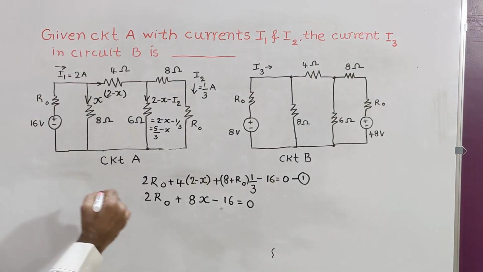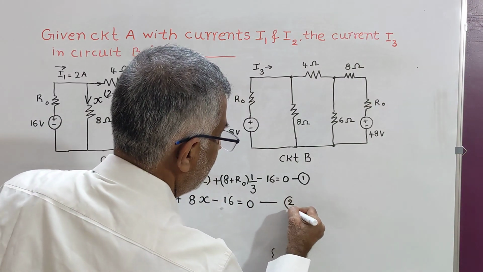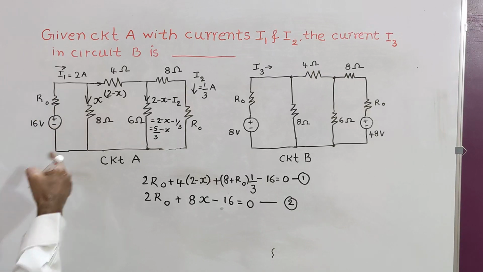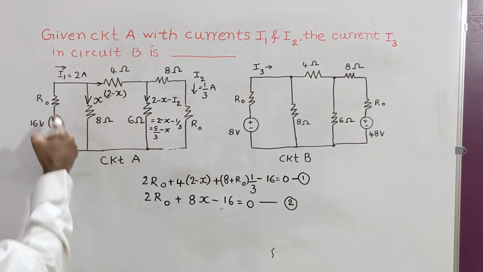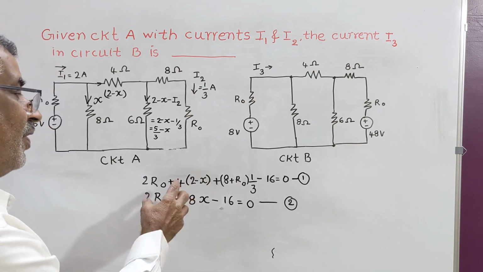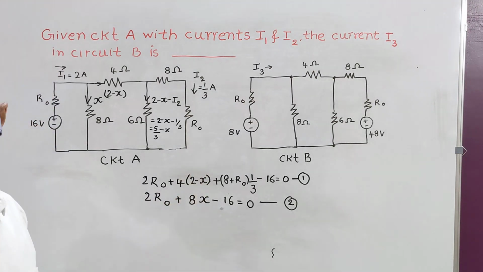So this is equation number 2. First apply KVL to this path, then apply KVL to this path, so we are going to get two equations. Now I will manipulate these two equations.